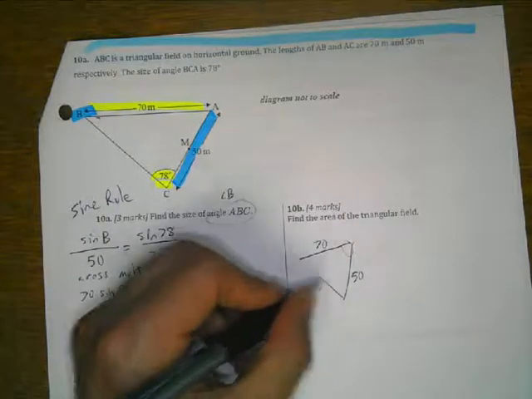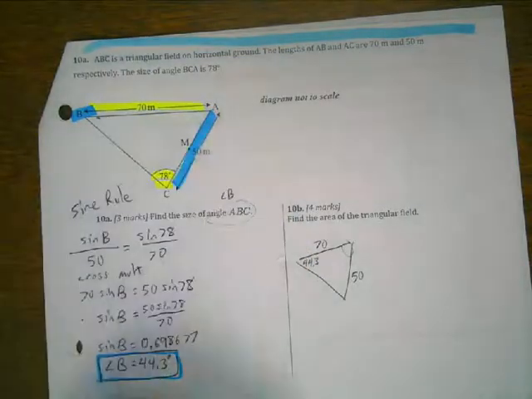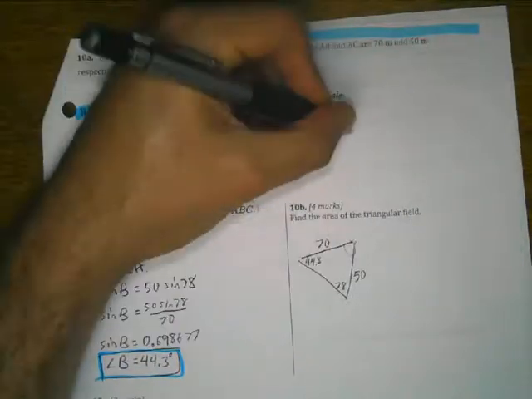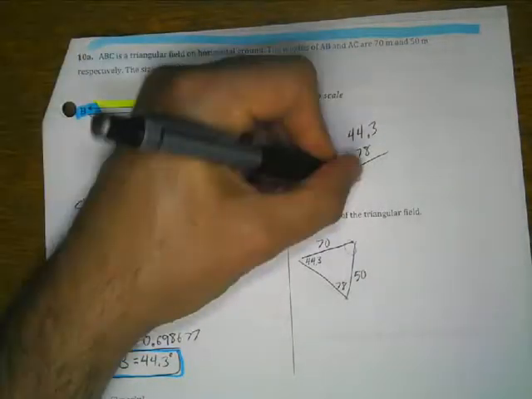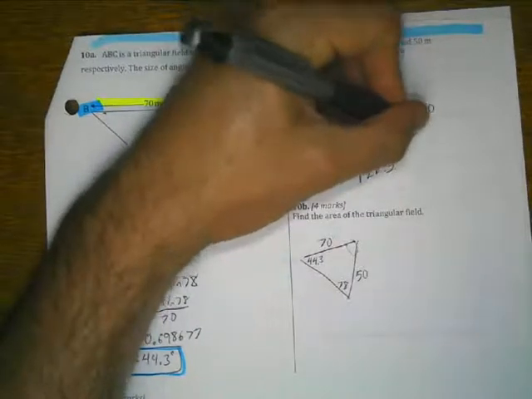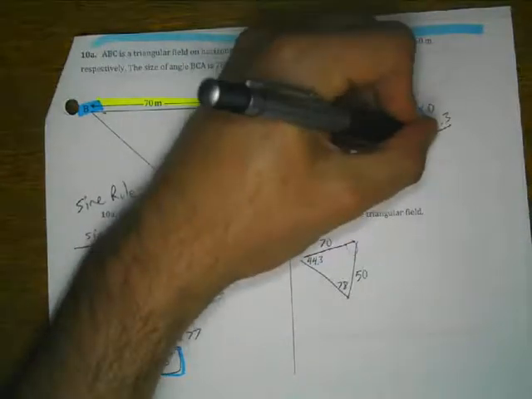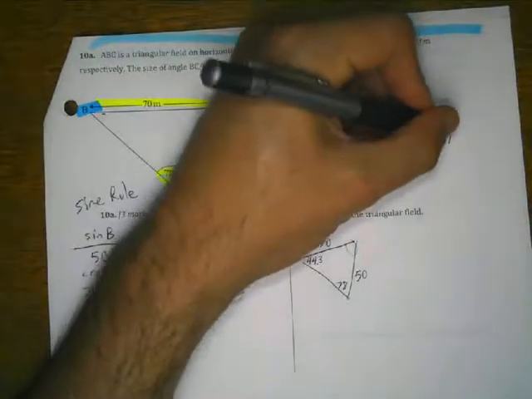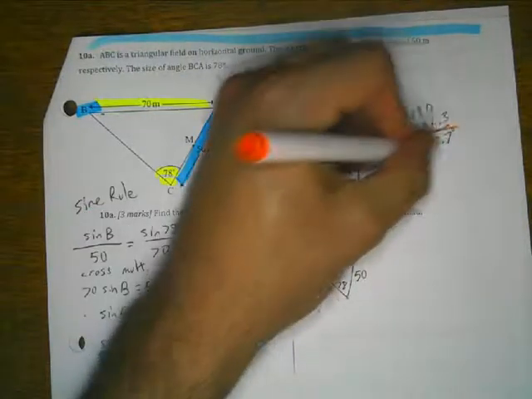We already know this one here is 44.3, and we know this one here is 78, so I can add these together, 44.3 plus 78, and I get 122.3 degrees. And then I do 180 minus 122.3, and I end up getting 57.7 degrees. So this angle right here is 57.7.